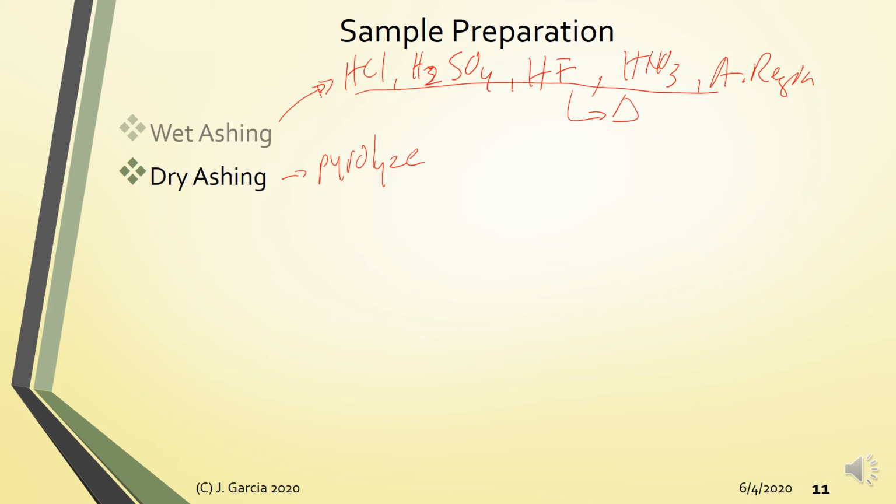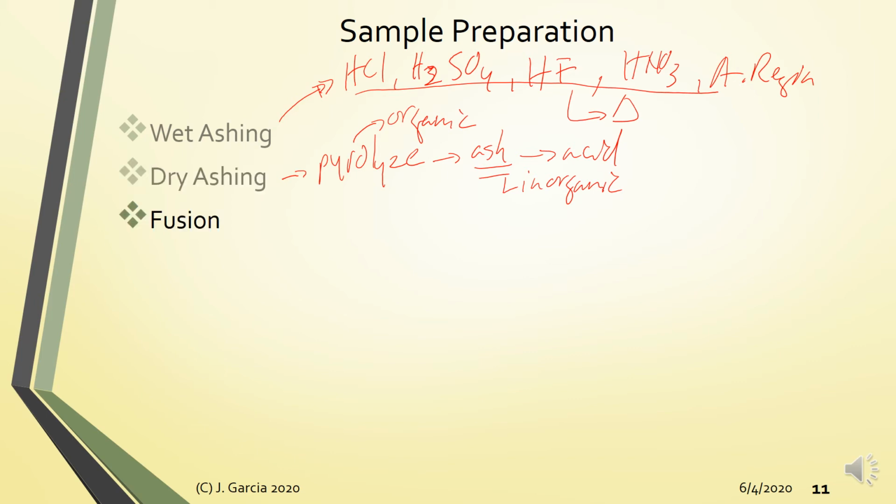After pyrolyzing, you will get the ash, and you dissolve this ash in acid also. The ash would contain mostly inorganic material. During the pyrolysis part, you are removing the organic component of your sample.